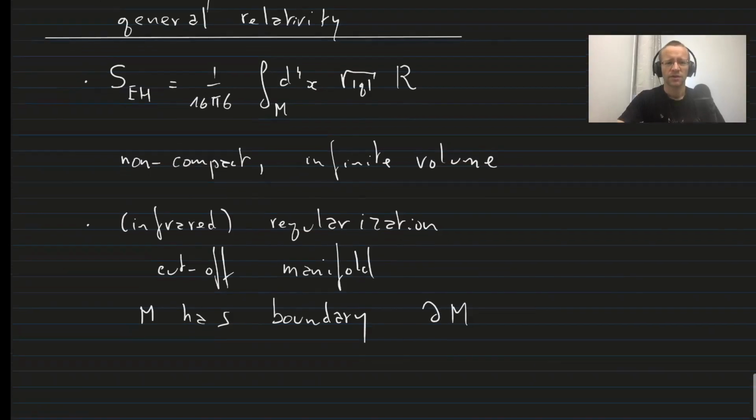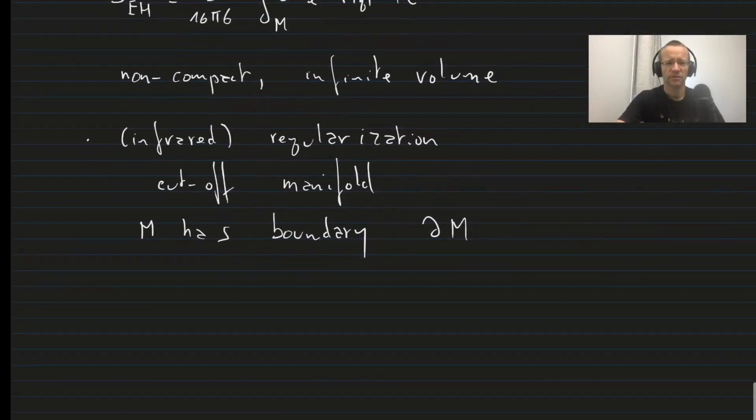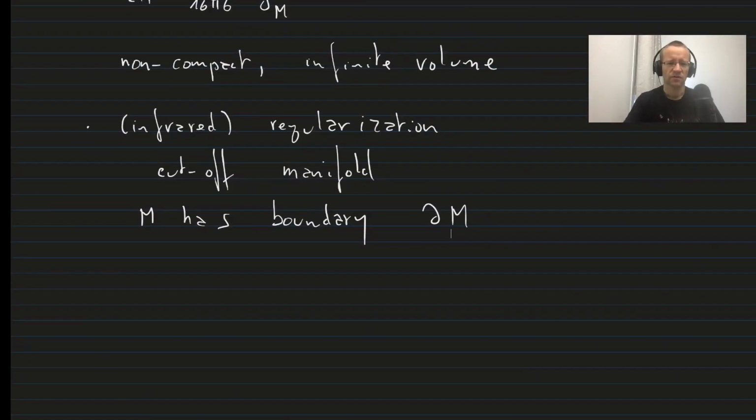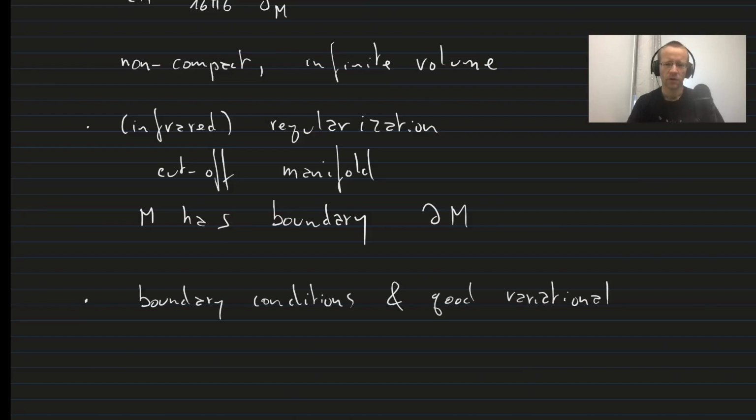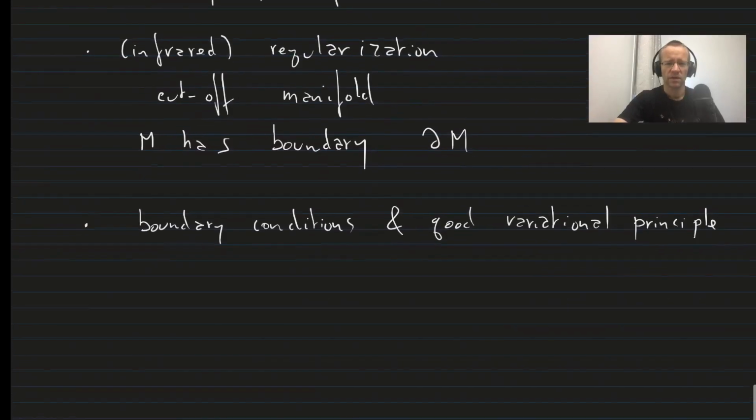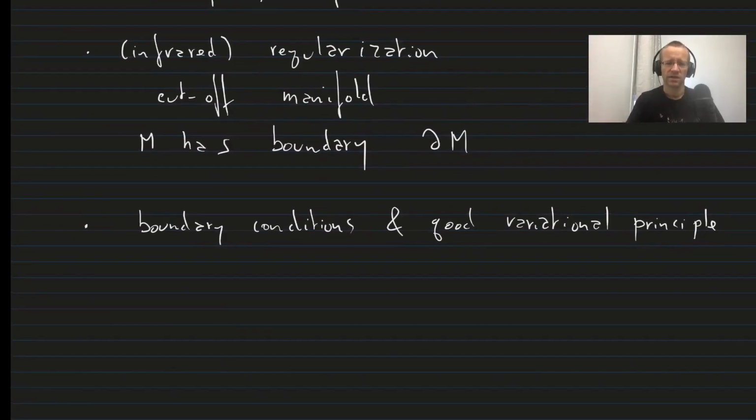But then a natural question becomes, what are the boundary conditions and how do we define a good variational principle? A good variational principle will be one in which, if we satisfy the equations of motion and the boundary conditions, then the action is extremal.